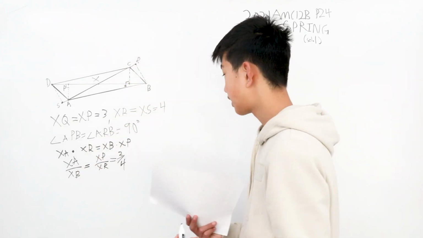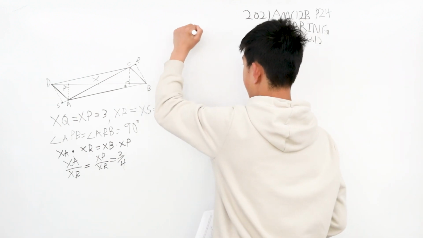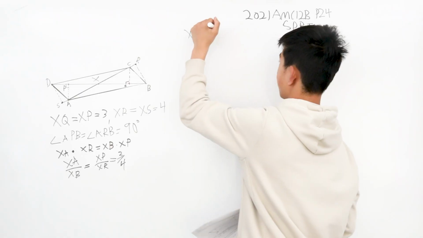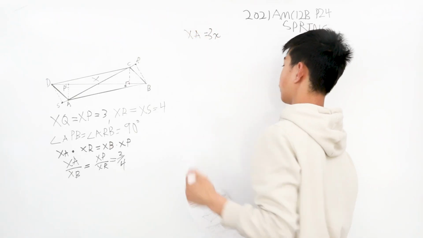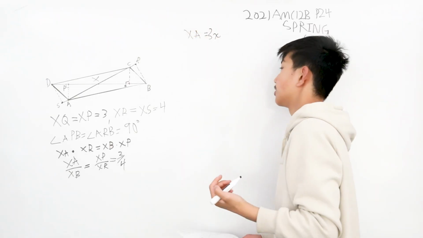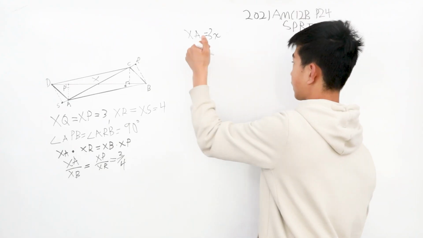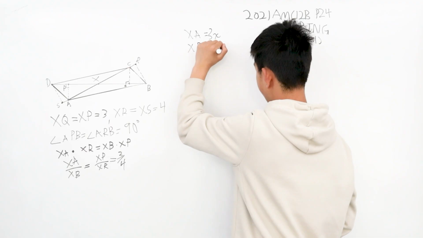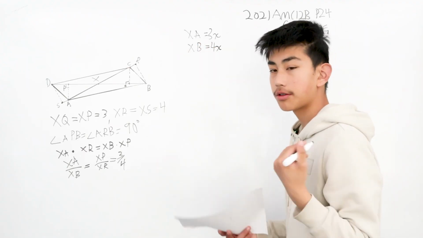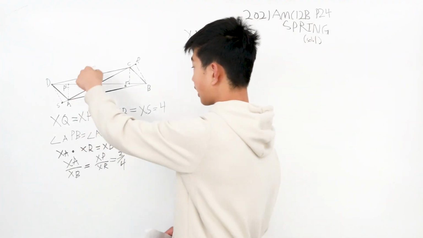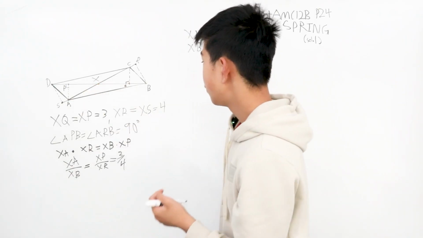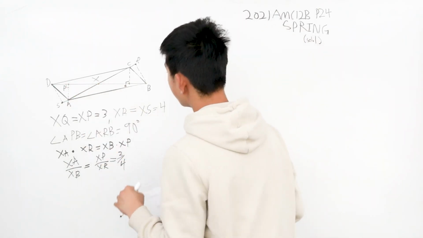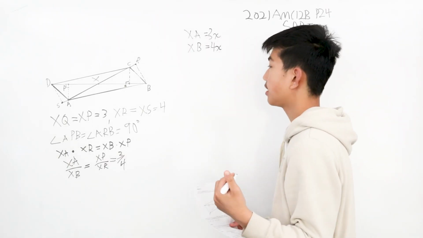Then you can say that the segment XA can be represented as 3 times a variable x, where this is 3 of something, and similarly XB would be 4 of an x. Then, looking at triangle APX, we can use the Pythagorean theorem to find length AP. Why do we want to find the length AP?